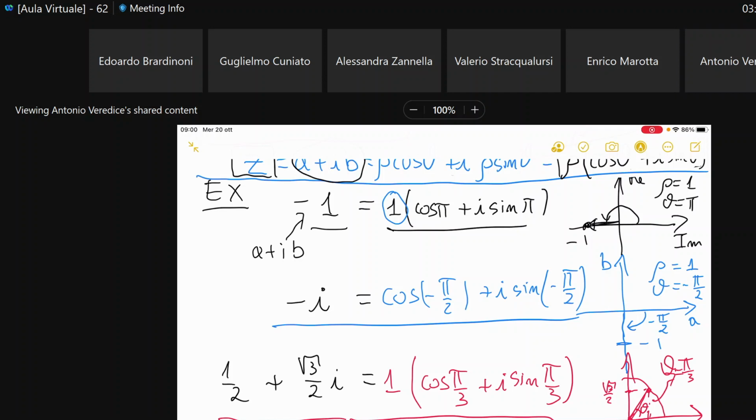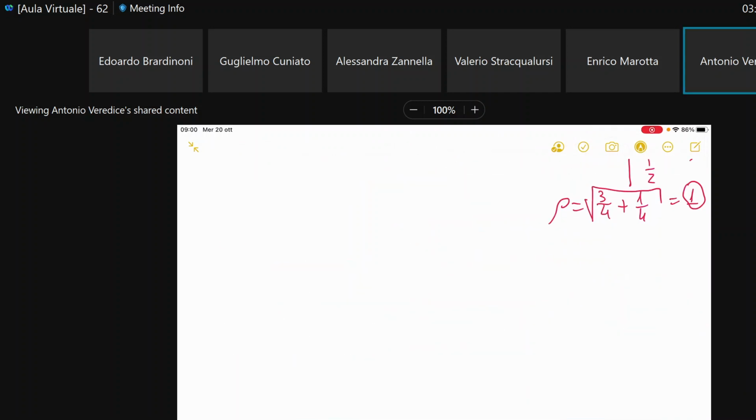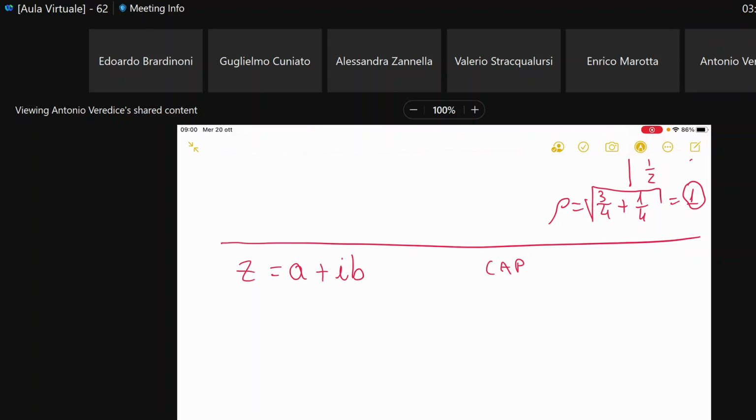We talked about the Cartesian representation a plus ib, and we passed to the trigonometric representation. Let me recall these steps. The first one, z, was a plus ib, the Cartesian representation.